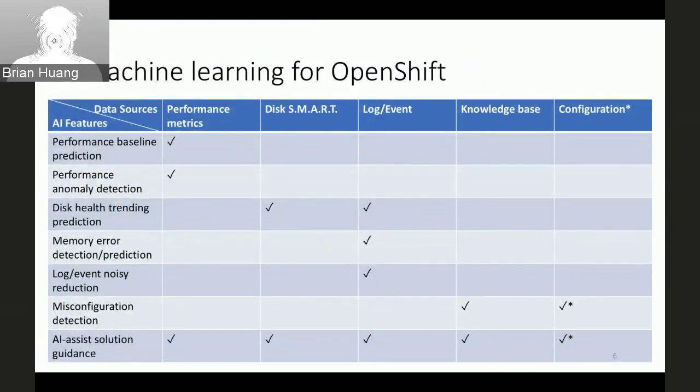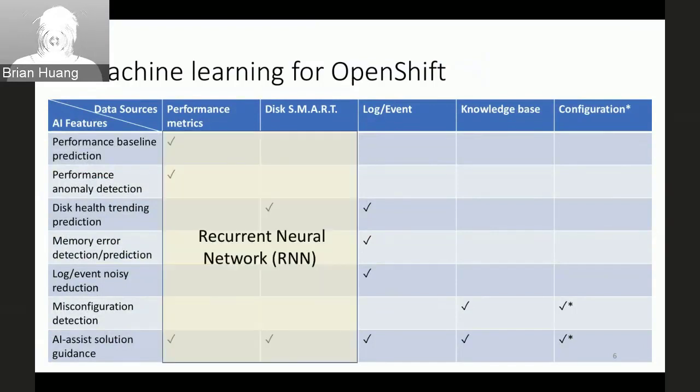Okay, sorry, since we are going to run out of time, I need to skip some of the slides. This shows the data sources and what we can do from these data sources. Mostly for the performance metrics, we use a recurrent neural network to generate the performance prediction and the disk prediction.